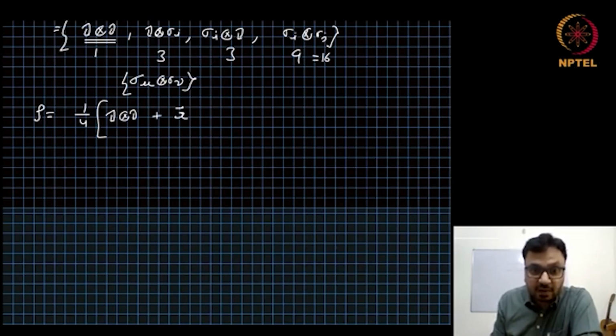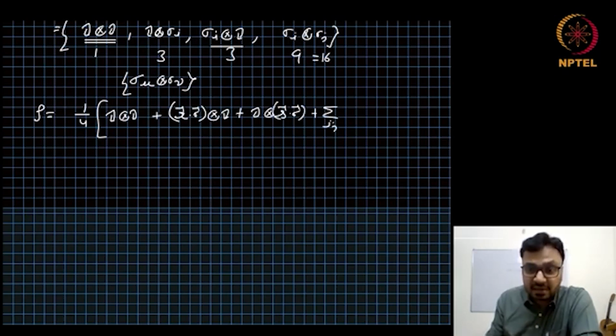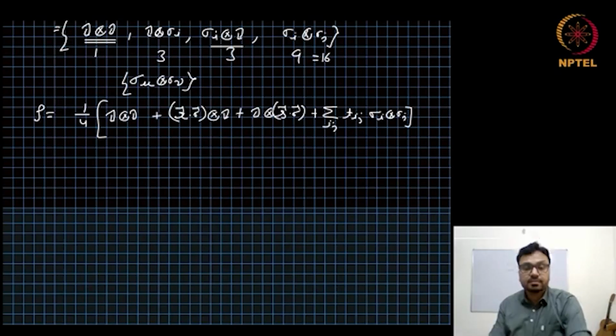Then we can have r dot sigma, that means r_x sigma x plus r_y sigma y plus r_z sigma z, tensor identity. So we have taken these terms and combined them in one expression. We can do the same for the other qubit, and we can write the terms t_ij sigma i tensor sigma j.